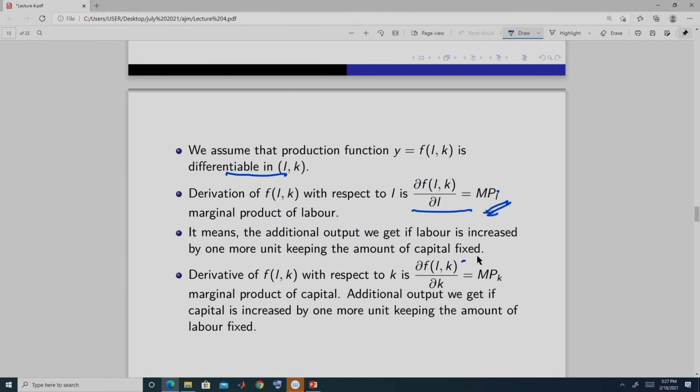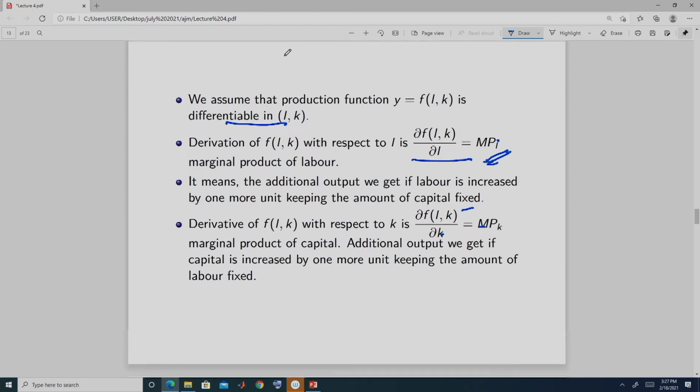So, at the margin, if we increase one more unit of labor, how much additional output do we get if we keep the level of capital fixed. Here, the partial of the production function with respect to capital is the marginal product of capital, and we write it MPK.